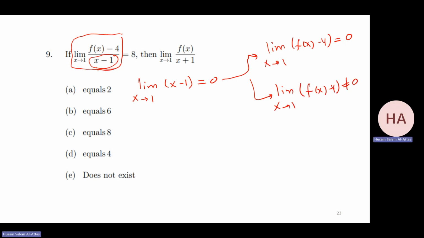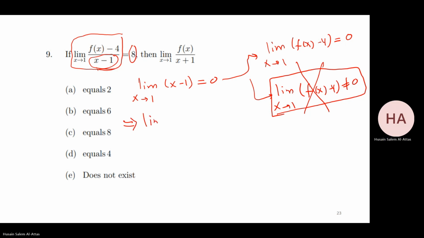We notice if the limit of the numerator is not equal to 0, so I have non-zero over 0, and we remember, if I have non-zero over 0, then either we have infinity or minus infinity or the limit does not exist. So the limit cannot be equal to a value. It means this possibility is impossible. That means the only possibility we have is that the limit of the numerator is equal to 0.